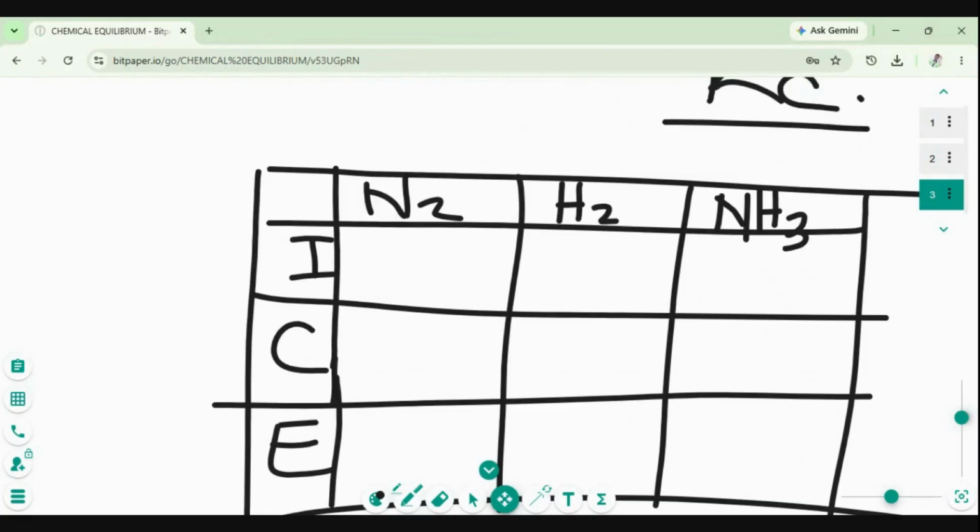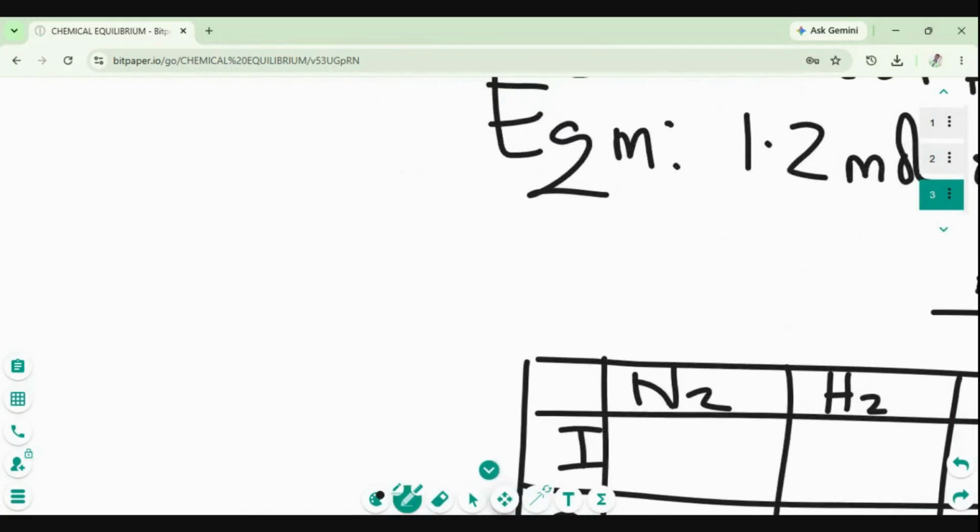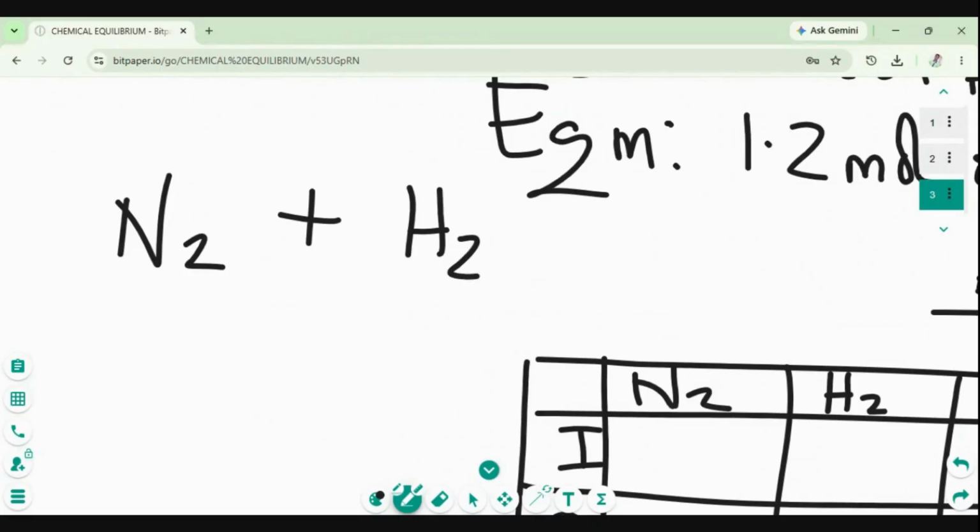The science is that when you get nitrogen and you mix it with hydrogen in a vessel, they don't just sit there and look at you. They start reacting. When they react, this is called the Haber process.